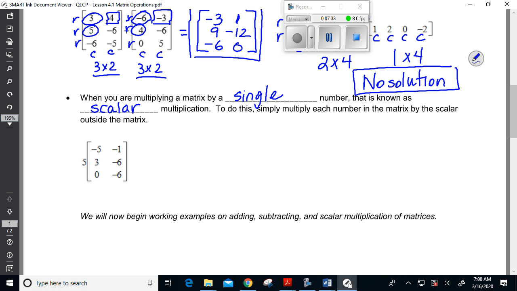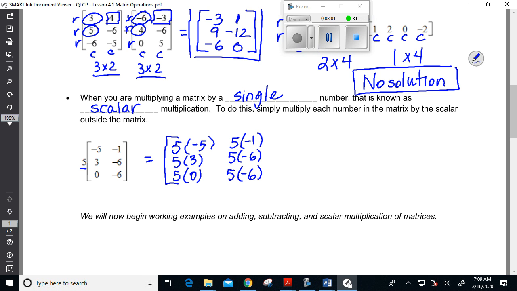To do this, simply multiply each number in the matrix by the scalar that's outside of it. So notice you have a matrix outside. So that means everything inside the matrix gets multiplied times 5. This might remind you of distributive property, because that's literally all you're doing, is distributing. Now, I'm just showing you what this means.